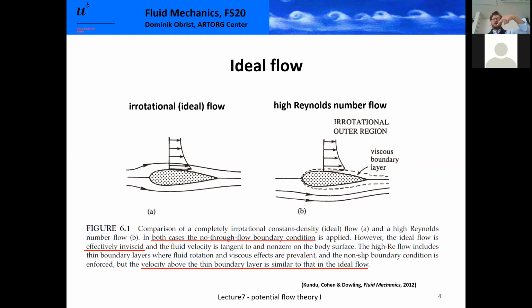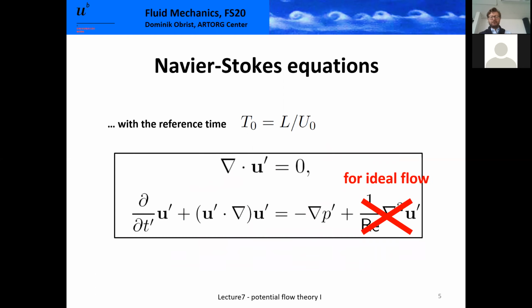That we still do, but we cannot satisfy the boundary condition of having no slip. So in potential flow, we have to accept that there's a tangential velocity to the wall, a non-zero tangential velocity. So it's a slip boundary condition. Yes, and that's what we do.